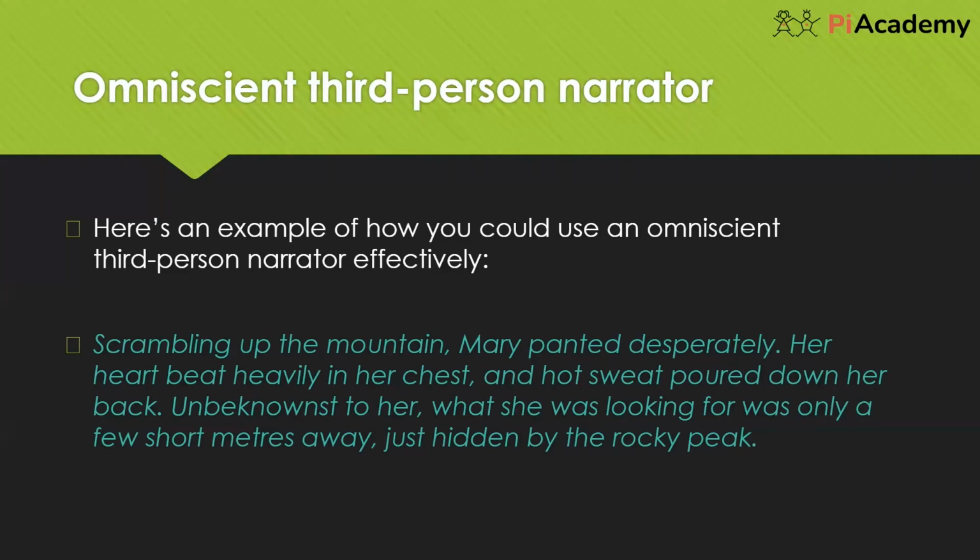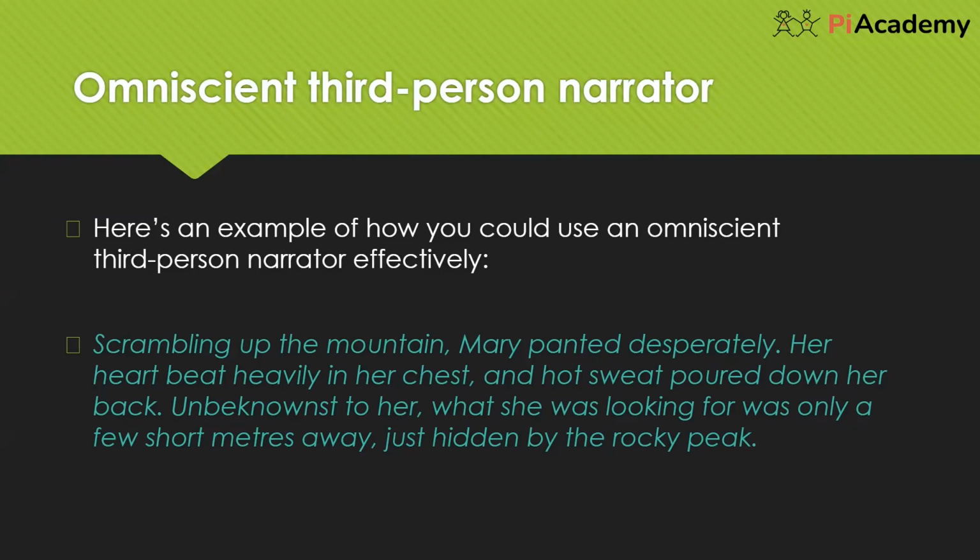"Scrambling up the mountain, Mary panted desperately. Her heart beat heavily in her chest and hot sweat poured down her back. Unbeknownst to her, what she was looking for was only a few short meters away, just hidden by the rocky peak." So this is using an omniscient third-person narrator, and obviously I know more than Mary does, because I know that the challenge she is facing, the thing that she's trying to find, is just a little bit away from her.